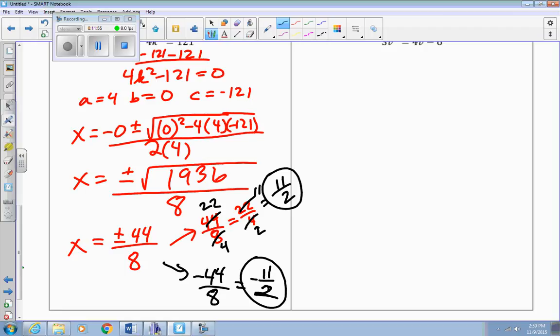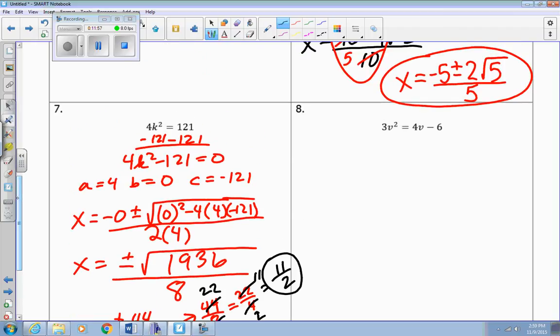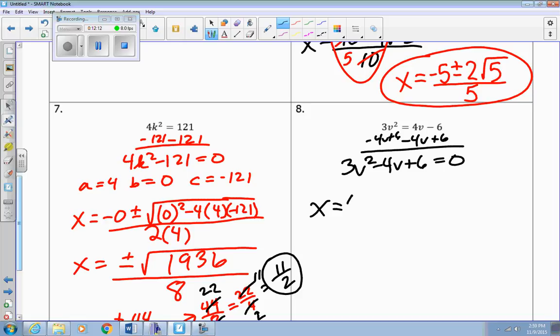And our last problem in this section, so we set it equal to 0: 3b squared minus 4b plus 6 equals 0. Opposite of b, so now it's a positive 4 plus or minus the square root of b squared, put it in parentheses, minus 4 times a times c, all over 2 times a.